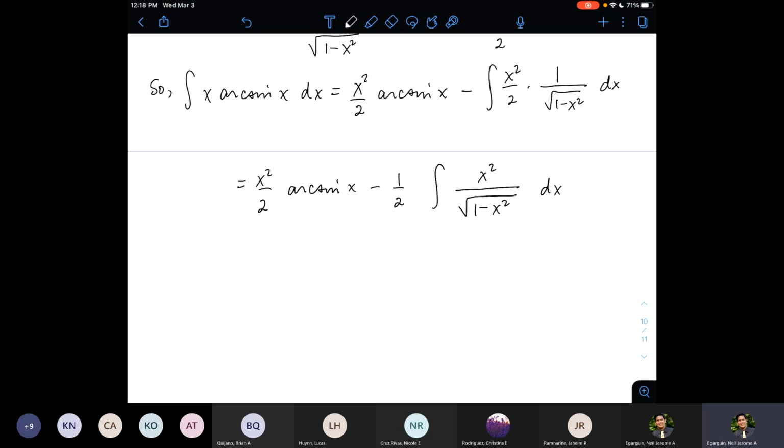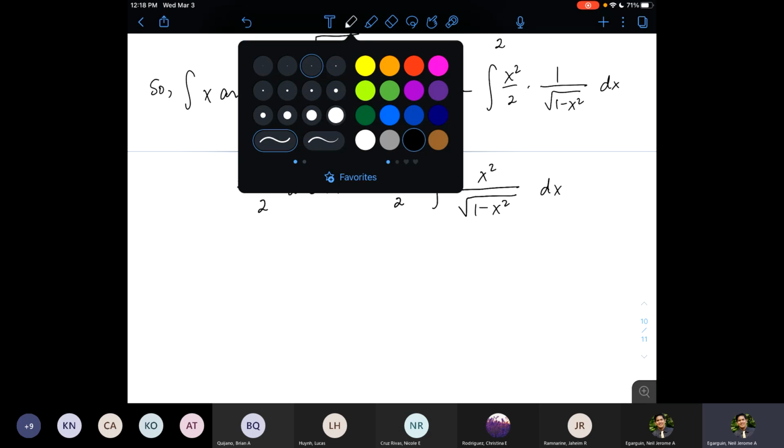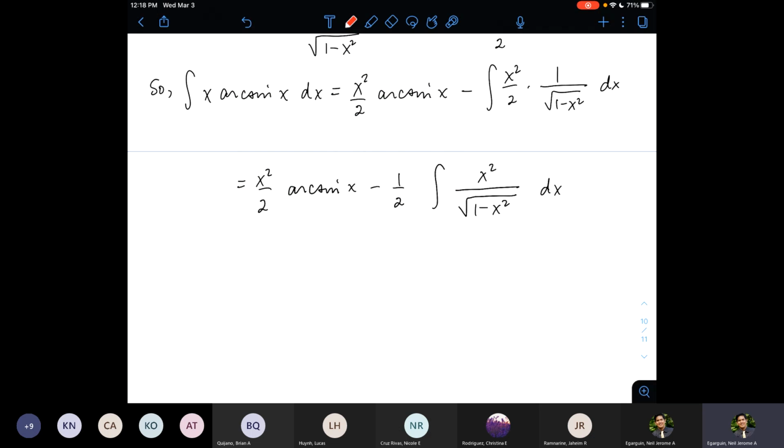I'm thinking here another IBP application will be required. Yeah, no trigonometric substitution will be required here, because we can apply another round of integration by parts here. So no worries, Kevin. I can still continue this because this is a good practice problem, I guess.